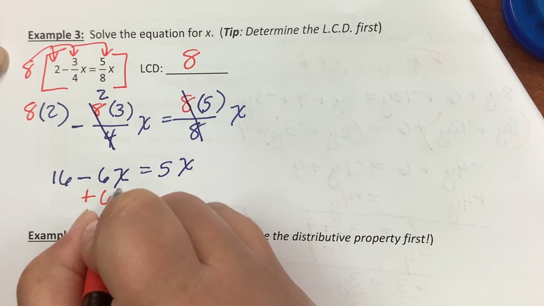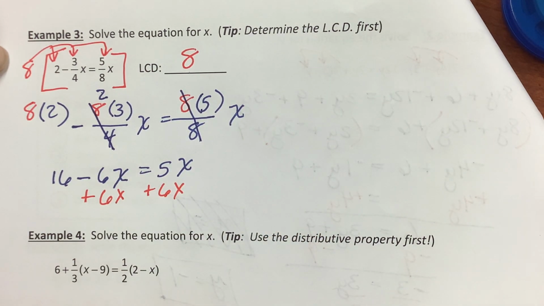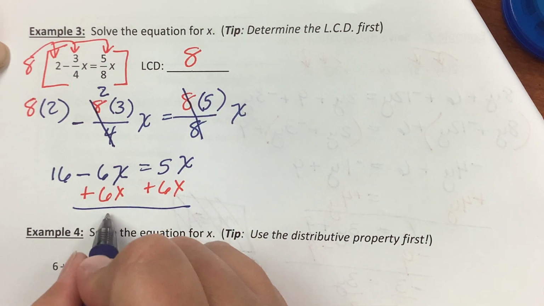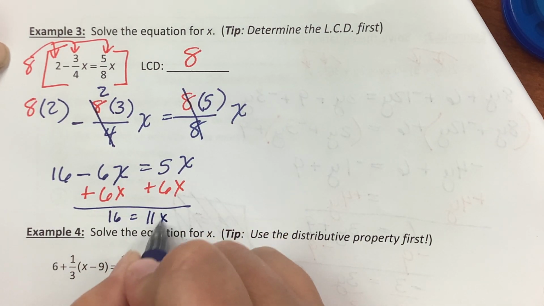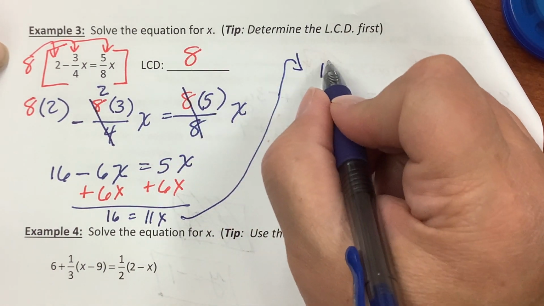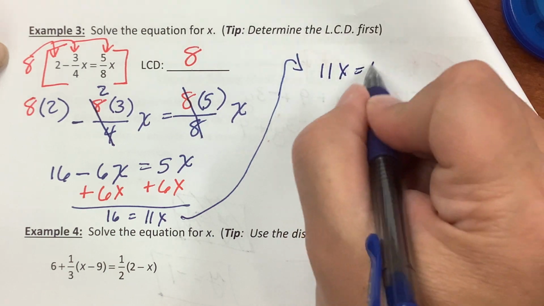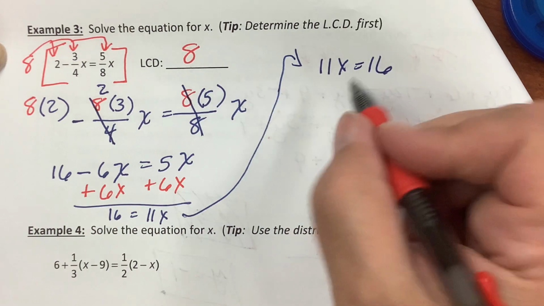So add 6x to both sides. 16 equals 11x. Bring that up here. 11x equals 16. Yeah, I flipped it over. It's okay. You learn to live with these things.